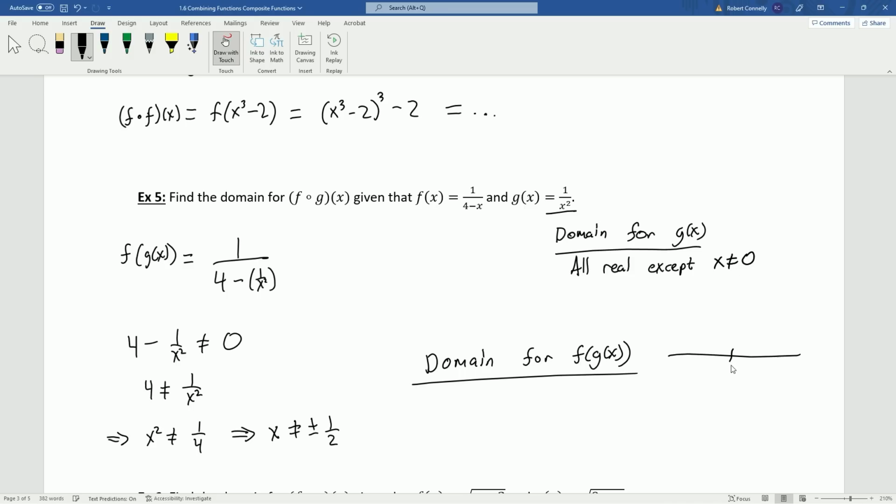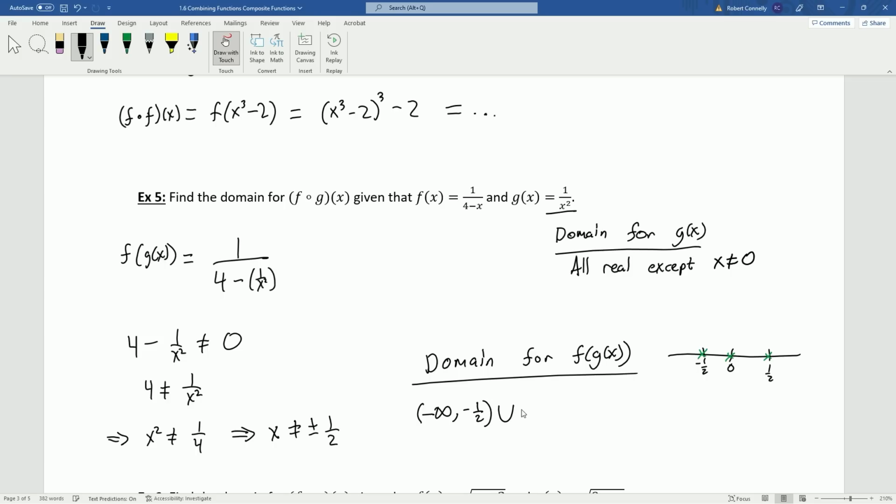If you think about a number line, it's like you've just got an x over these spots. So how do we describe this? Well, we've got all of the values from negative infinity to negative 1/2, not including negative 1/2.